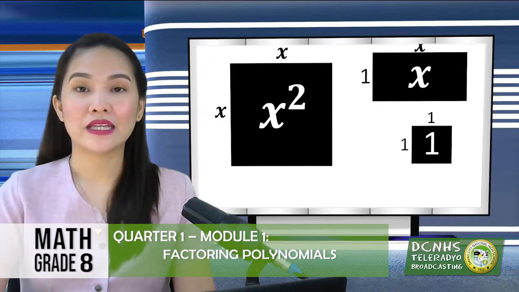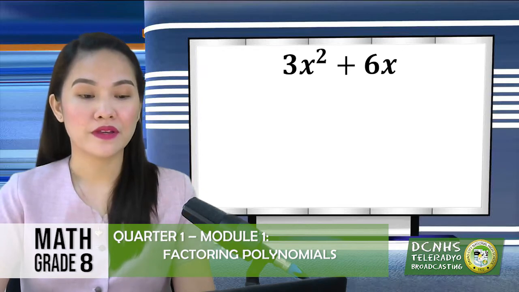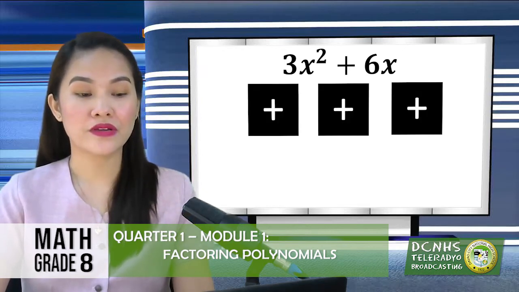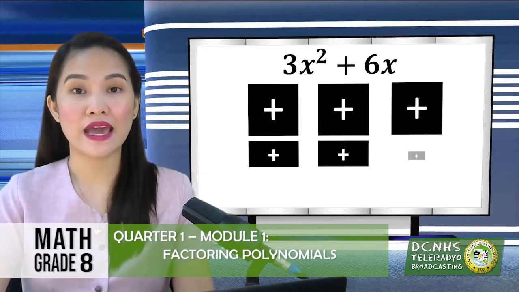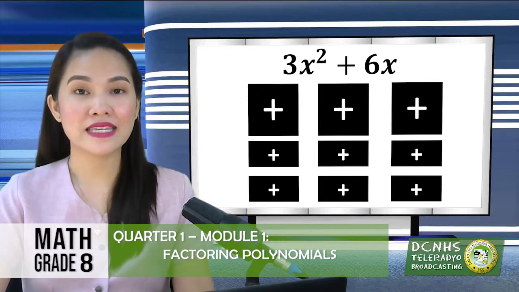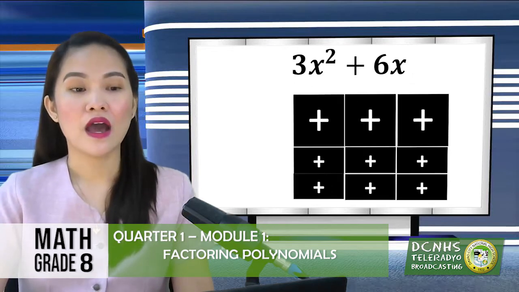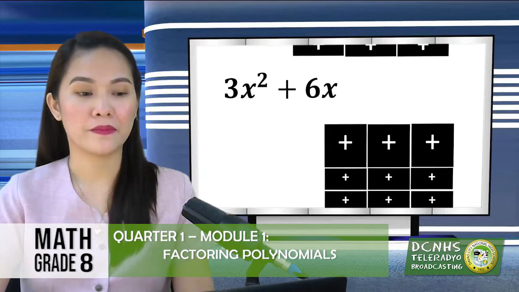Let's try to apply it with a polynomial expression. Example: 3x squared plus 6x. 3x squared will be represented with 3 big x squared tiles, and 6x will be represented with 6 x tiles. Arrange the tiles to form a rectangle or a square.